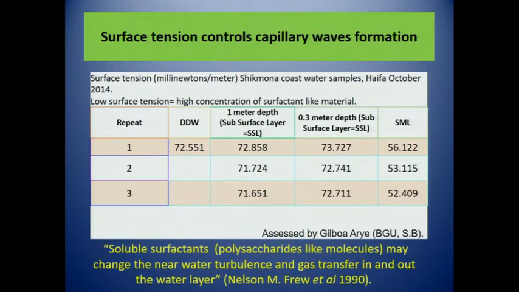For instance, water striders, Jesus bugs in Hebrew, I think. These are bugs that can literally walk on water. They can do that since they don't break this surface tension.